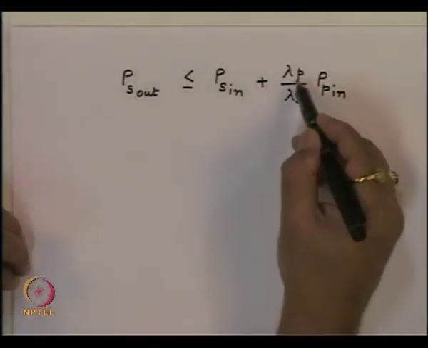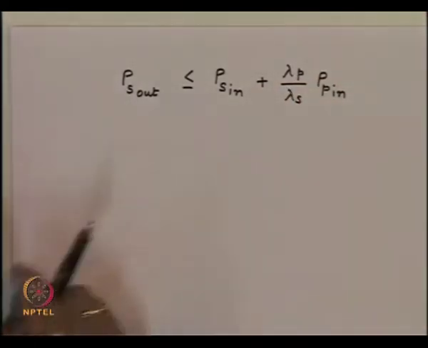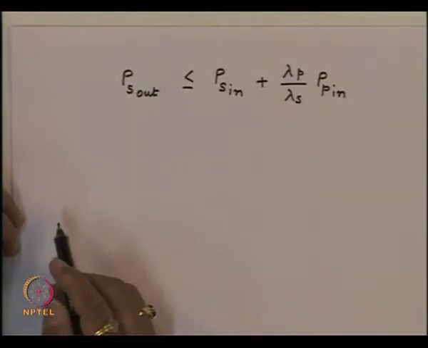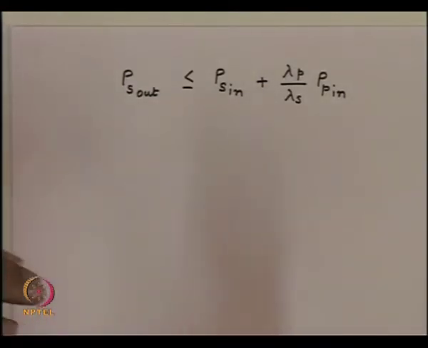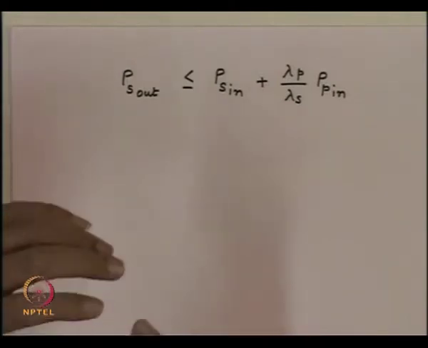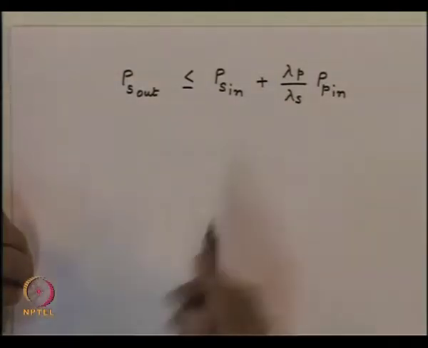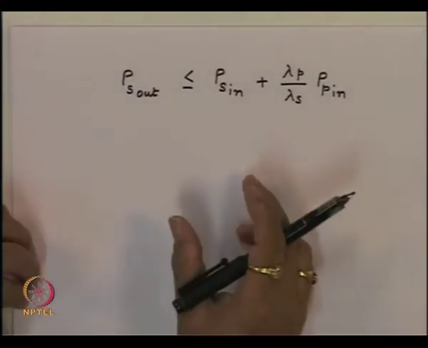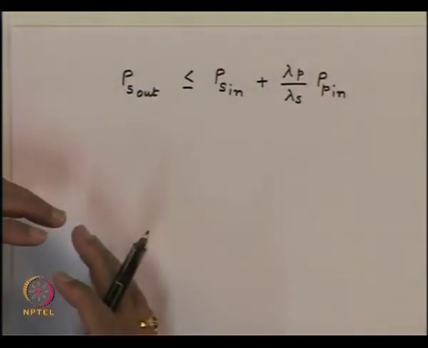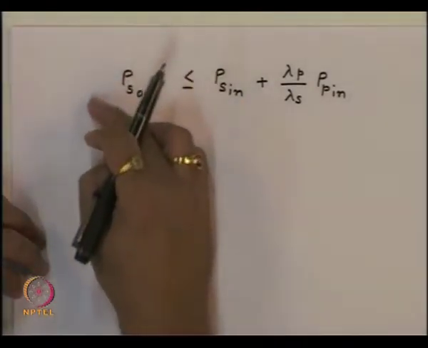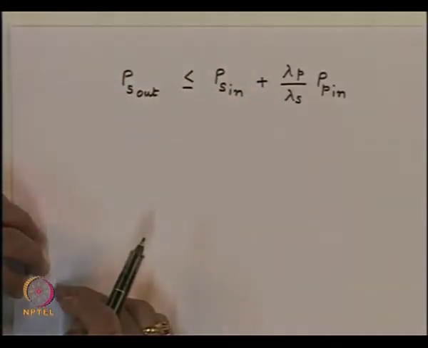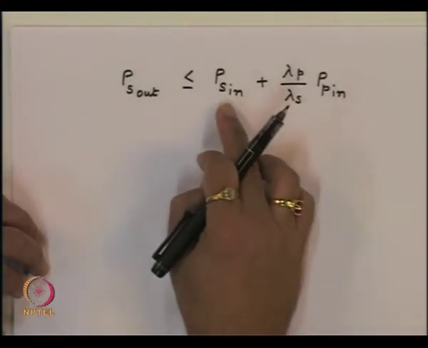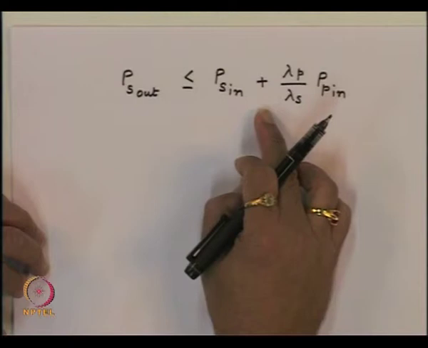We get this ratio, lambda p upon lambda s, because we are talking about photons, which is the energy divided by the energy of the photon. So the expression says that the total number of output photons in the signal will be less than or equal to the original signal photons plus the pump photons.